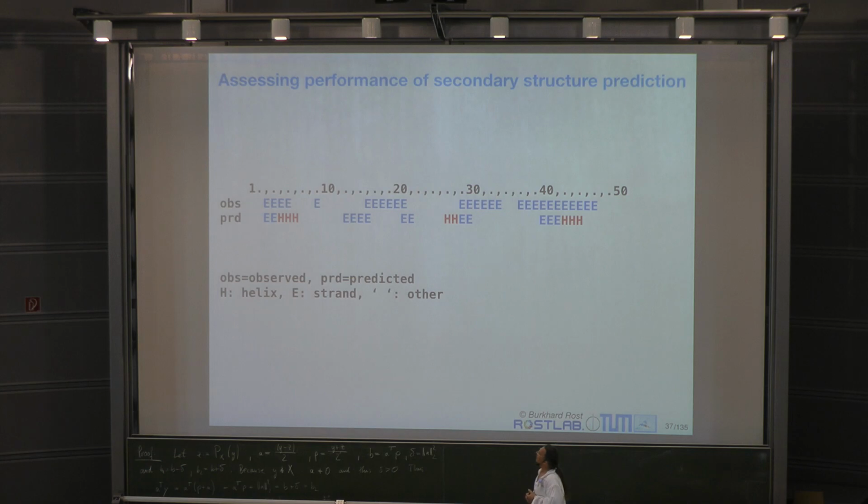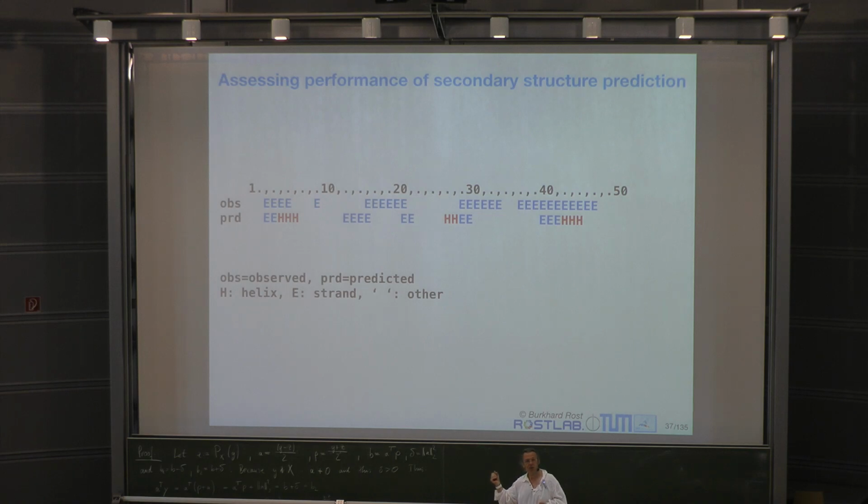You do see, however, this answer answers it on every single residue. You could also perceive this as segments: there's a helix, there's a beta strand, and you have to get the entire segment. This is not measured here.